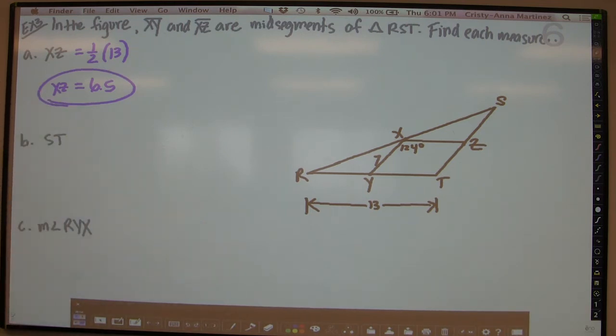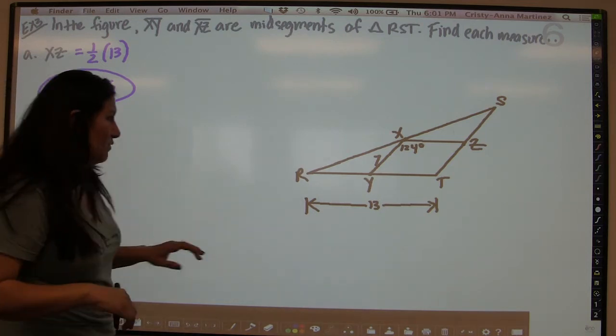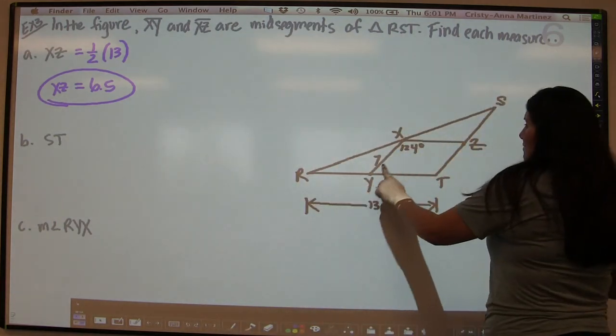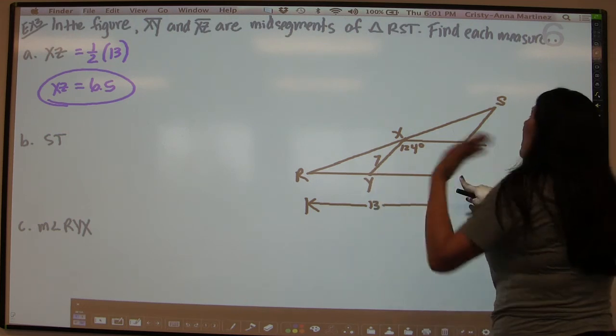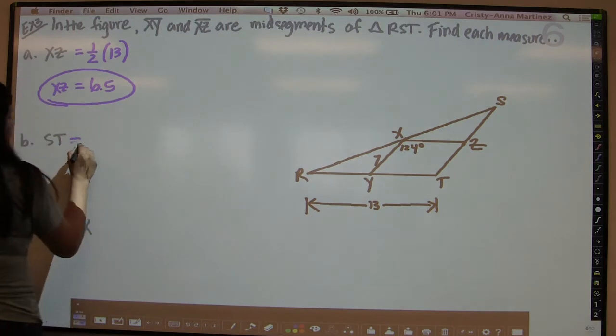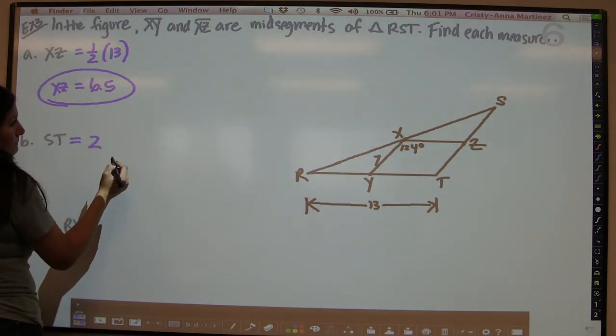And then we're going to move on to ST. And ST is a little bit backwards because now, like I said before, XY is the midsegment. So XY is half of ST, which means that ST is twice XY.